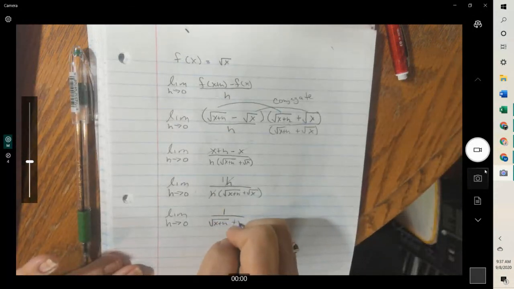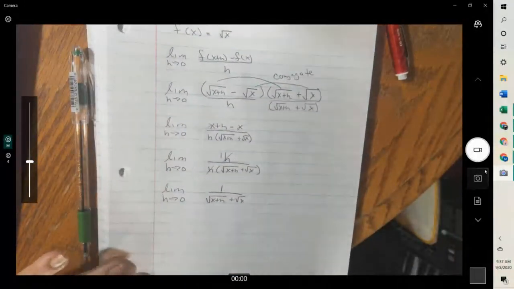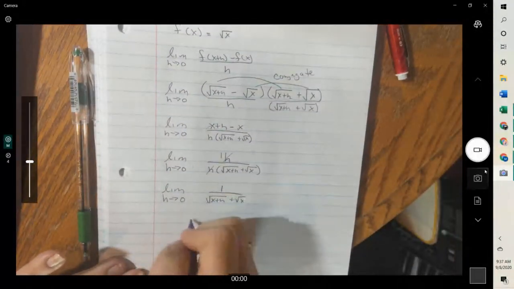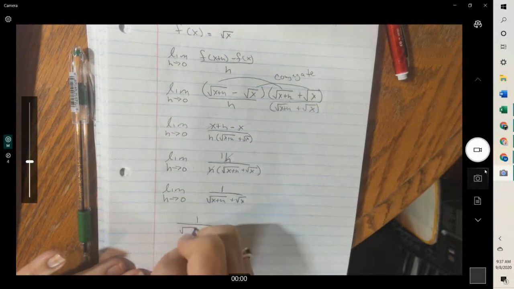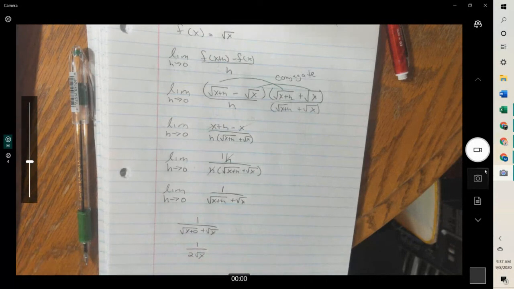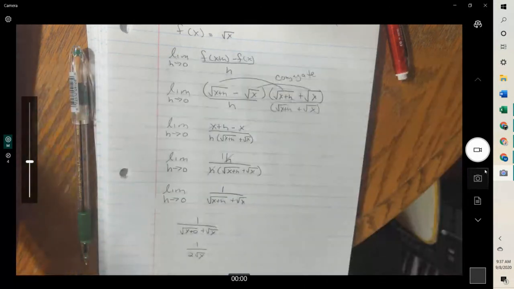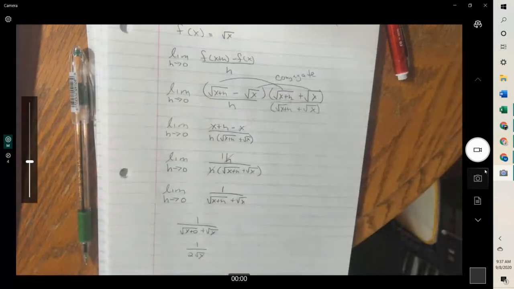Now that that canceled, you can plug your 0 in for h. 1 over the square root of x plus 0 plus the square root of x. The square root of x plus the square root of x is 2 square root of x. And this is one of the few times you're allowed to leave the radical in the denominator. And I think that is everything for 11.4.